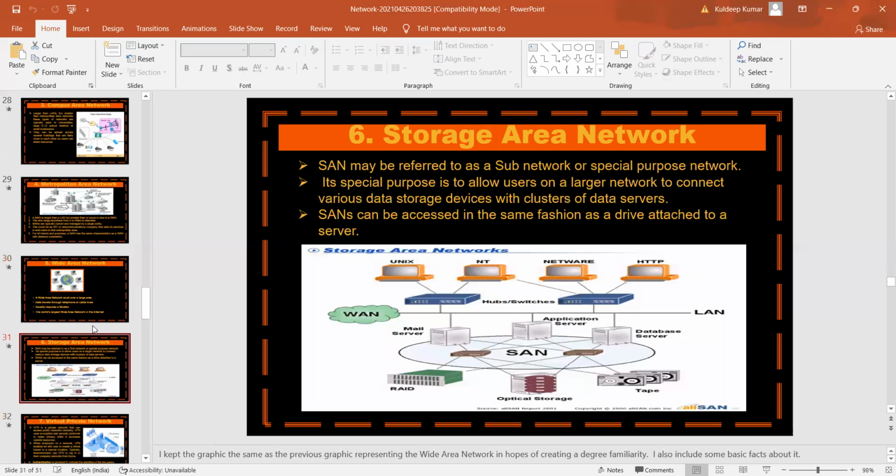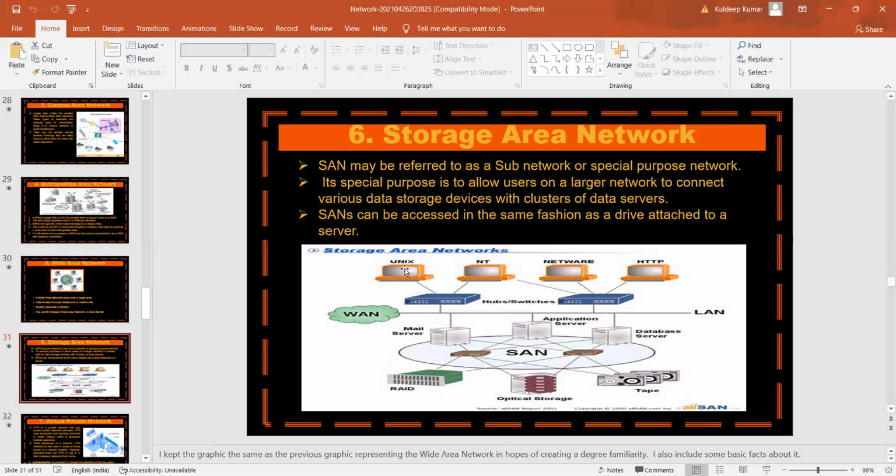Storage area network is the sixth type of network. It is also known as subnetwork or special purpose network. Its special purpose is to allow users on a large network to connect various storage devices with a cluster of data servers. SAN can be accessed in the same fashion as a drive attached to the server.